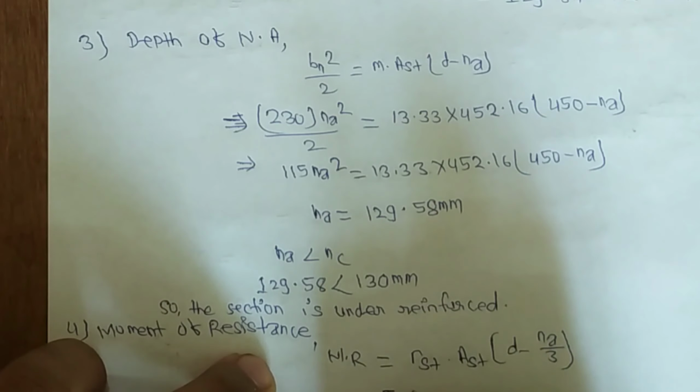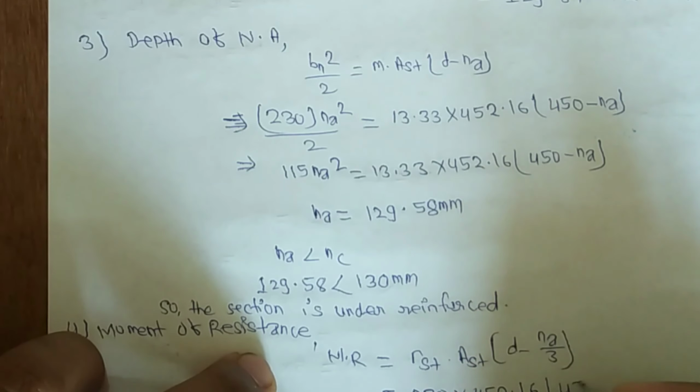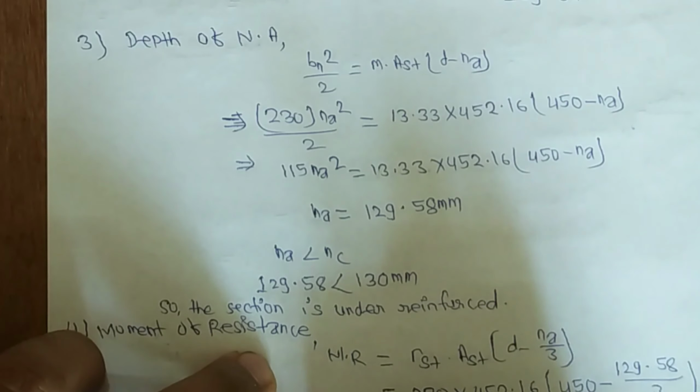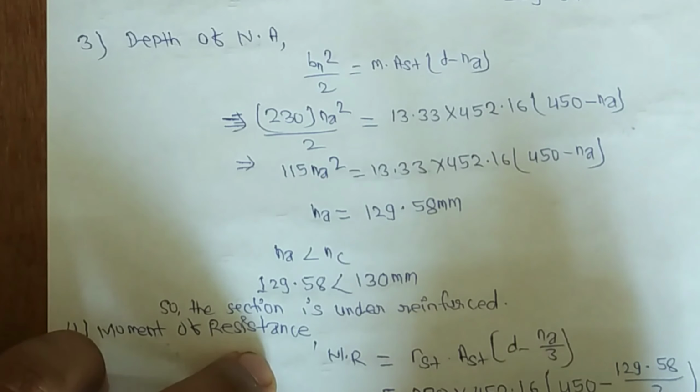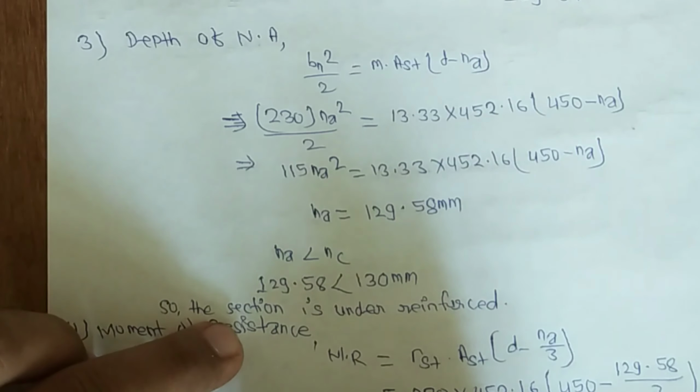So sigma st we have 230, into the area of steel we calculated, 452.16, into d which we have 450, minus na which we calculated 129.58, divided by 3. So this value we will get is 42.3 kilonewton meter moment of resistance.